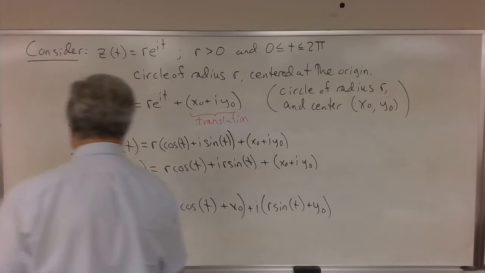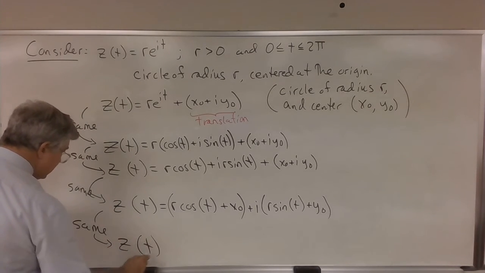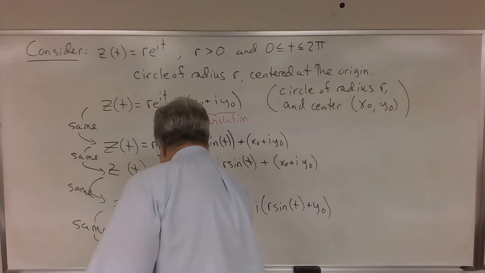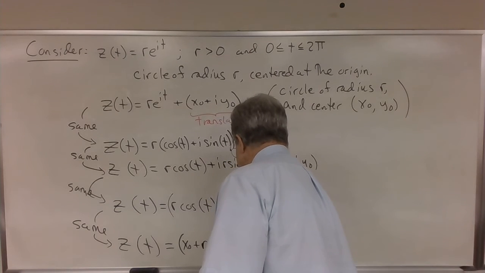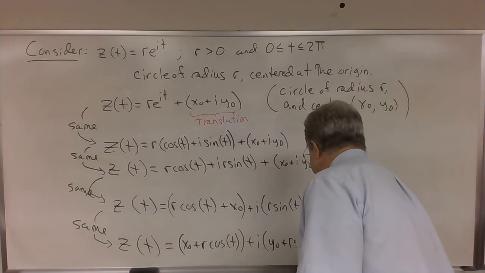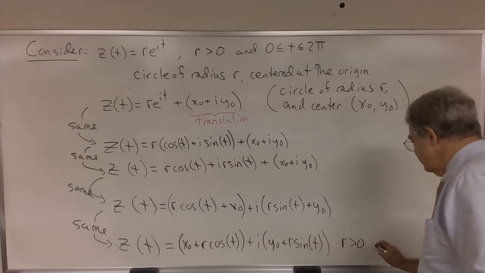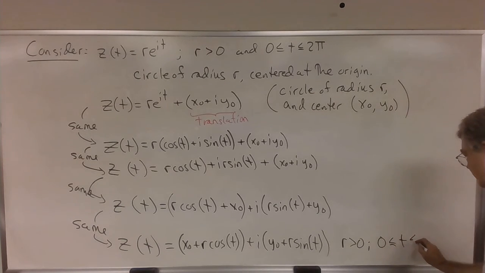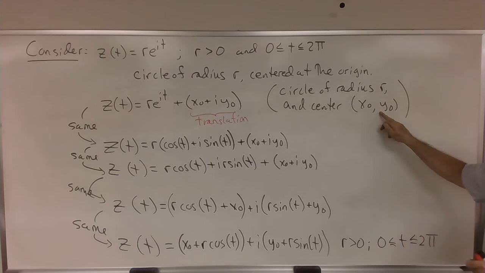And just rearrange. And what is this? It's a circle of radius r and center x naught and y naught.